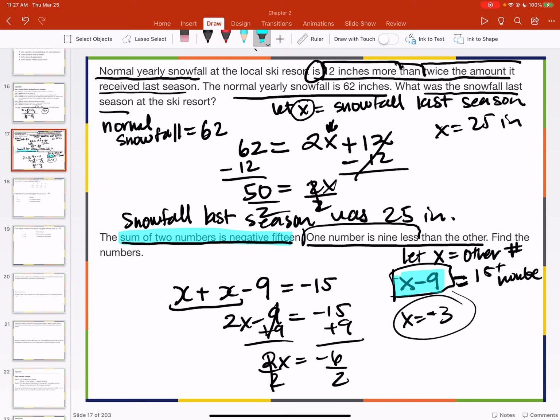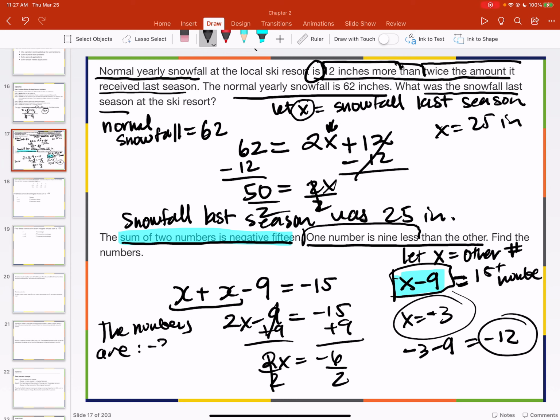So the other number will be negative 12. Okay, so we have negative 3 minus 9 is equal to negative 12. So the numbers are negative 3 and negative 12. Okay.